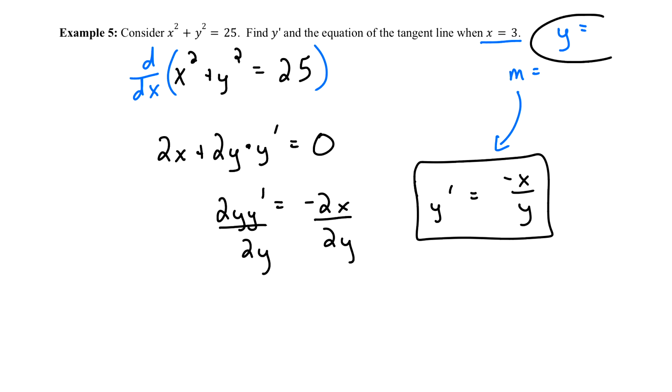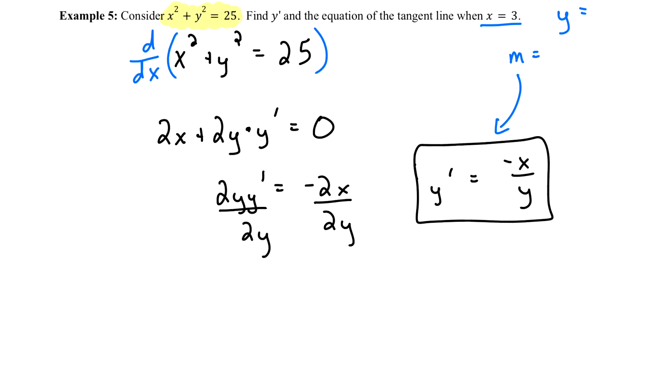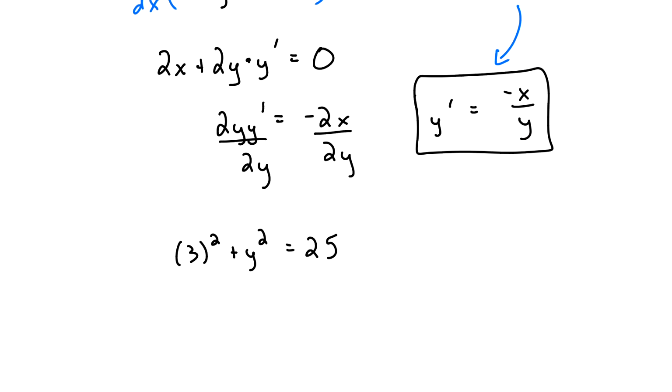In this case, I'm going to have to find y first, which means I'm going to want to go back to my original equation, x squared plus y squared equals 25. I'm going to take the x value that was given to me and plug that into our equation. So we'll have 3 squared plus y squared is equal to 25, which means we have 9 plus y squared equals 25.